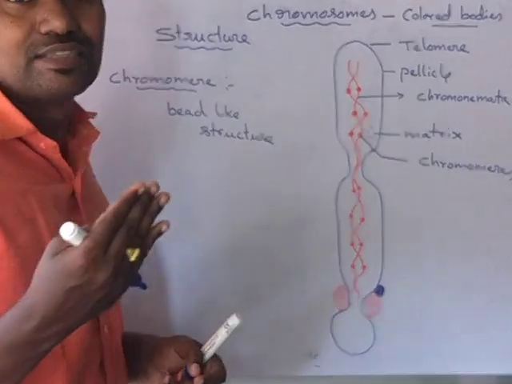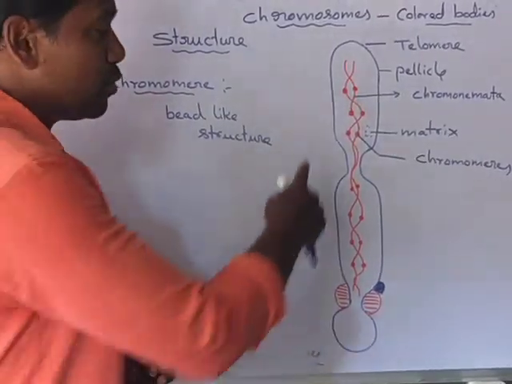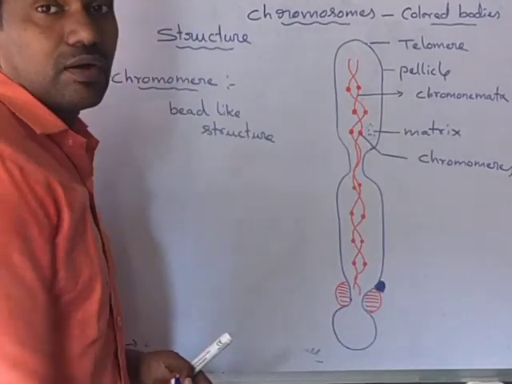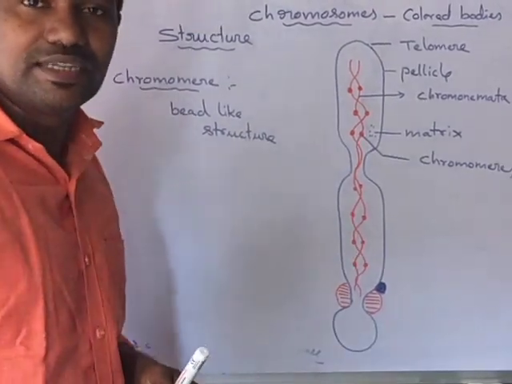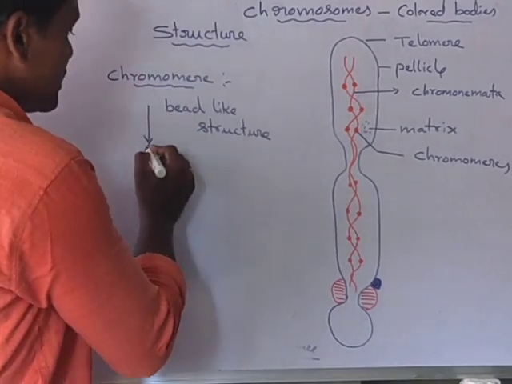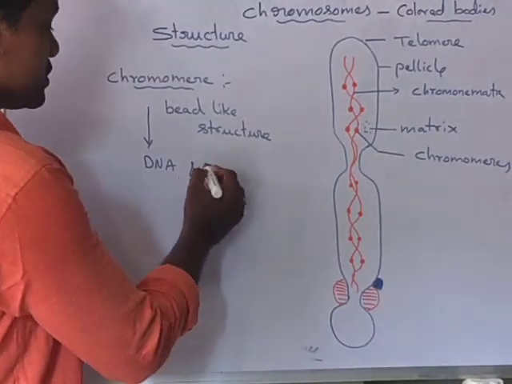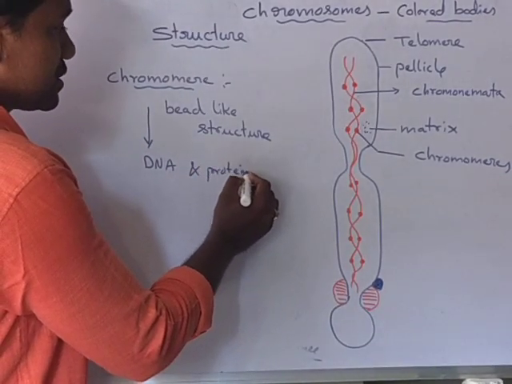A more condensed chromosome contains more chromomeres. Chromomeres contain DNA and proteins.